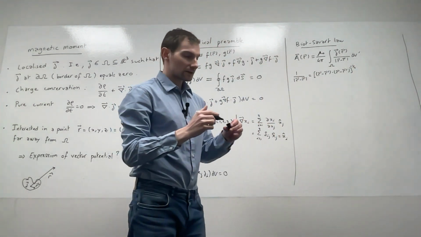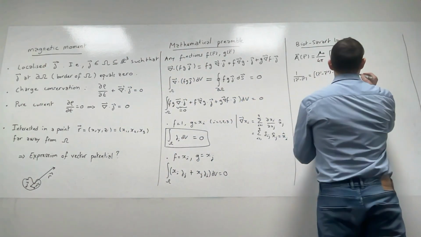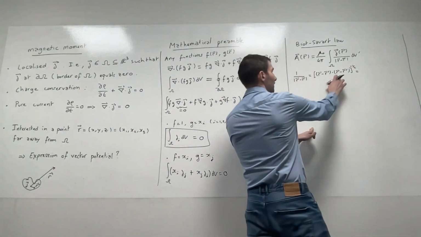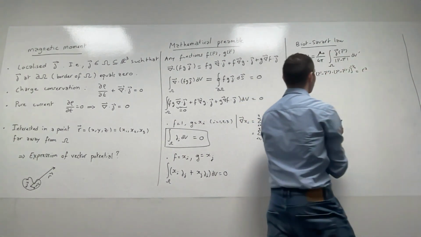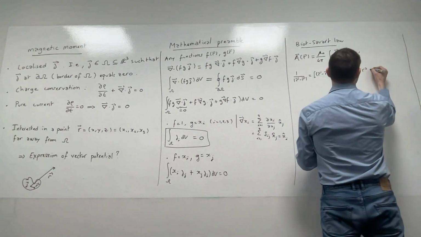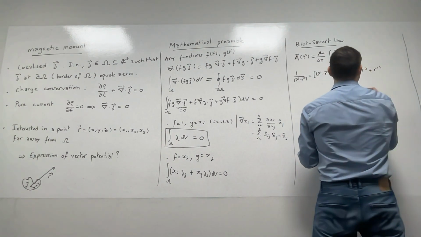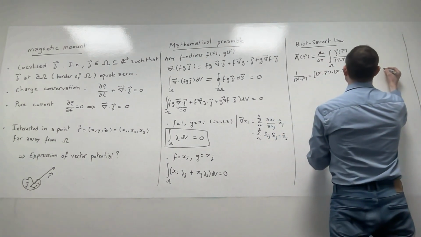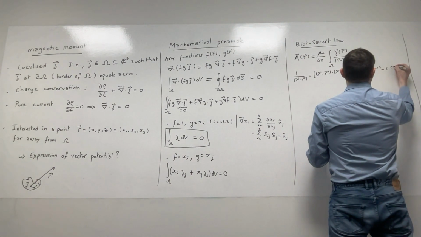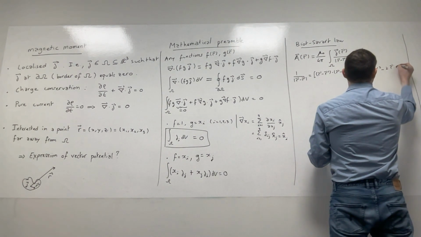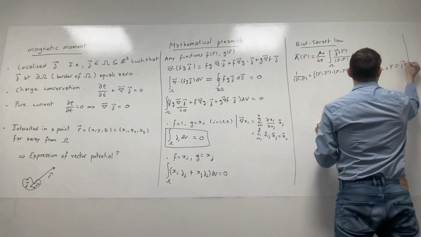Now, if you expand the brackets here, you're going to find that this is r squared, plus r prime squared, minus 2 times r dot r prime. And all of that is to the power minus a half.